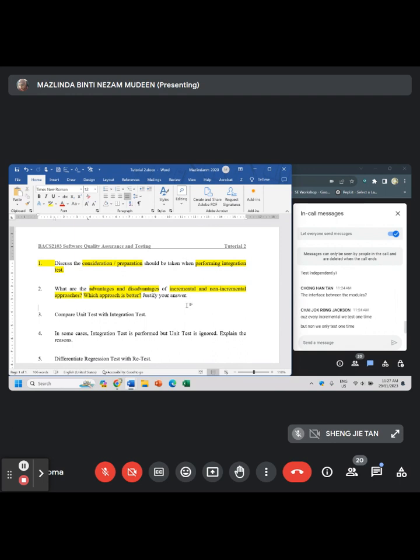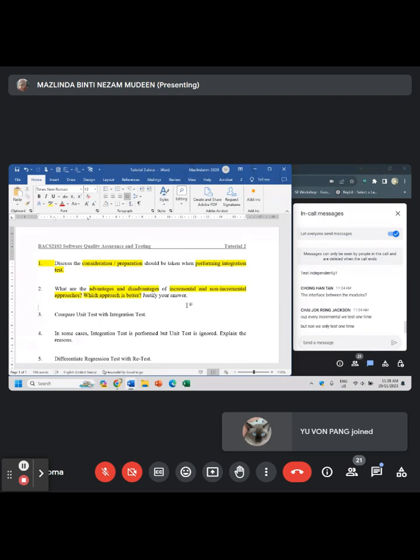When it comes to incremental approach, we do the testing in a small sizing. I integrate one module with another module, only two modules. Then these two modules with another module, three modules. Then these three add one more, four modules. So in every increment, we can identify the programming defect.